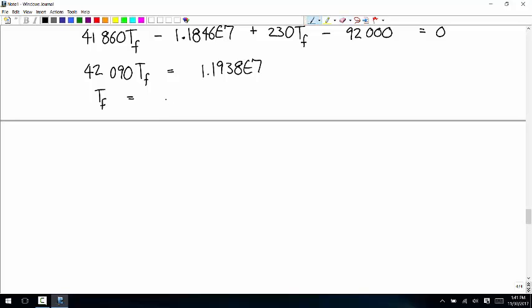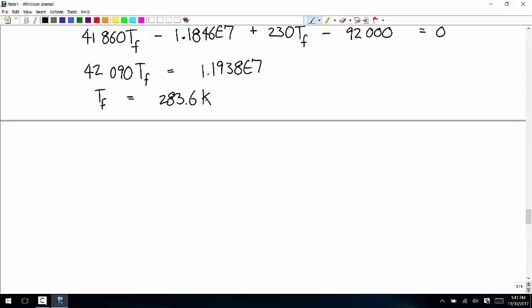Okay, that's even worse than what I got. 283.6 Kelvin. Okay, well, I guess that wasn't very much metal, and you put it in a lot of water, and so it comes out to be basically the water temperature.